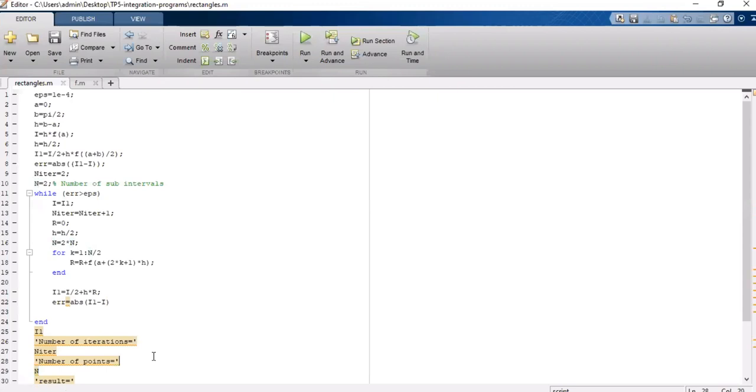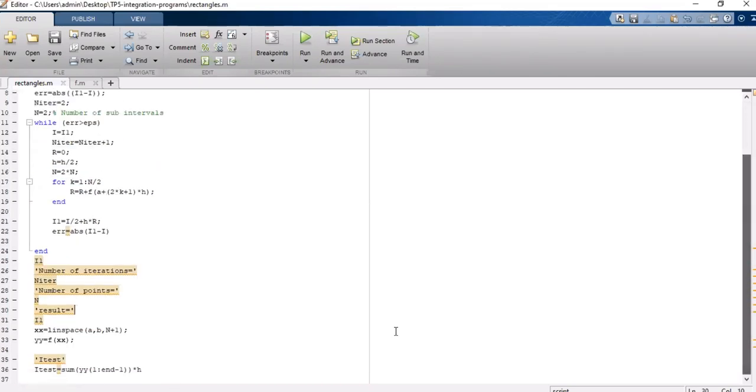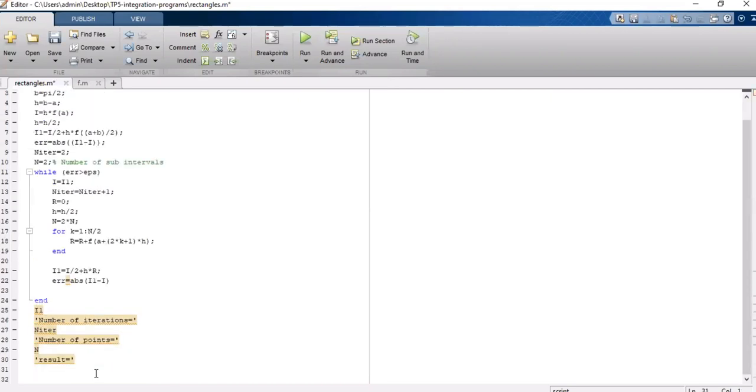But the important thing is to see here what is the number of iterations. So how many times did it go into this while loop? Let's just print this number of iterations here. Okay, it's printed.